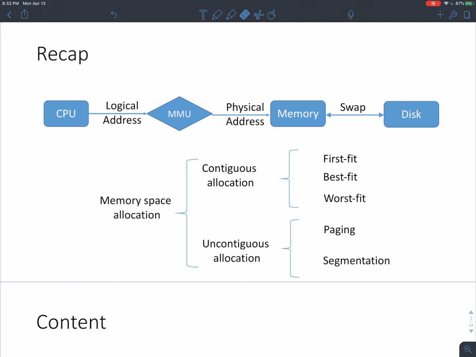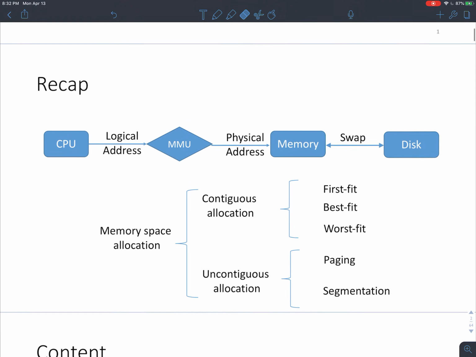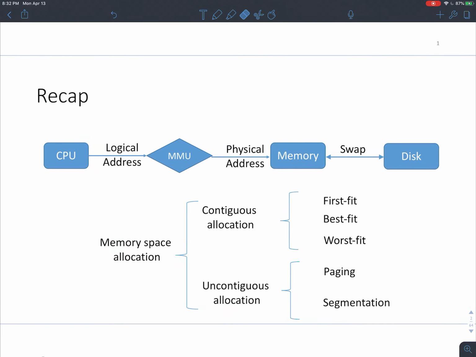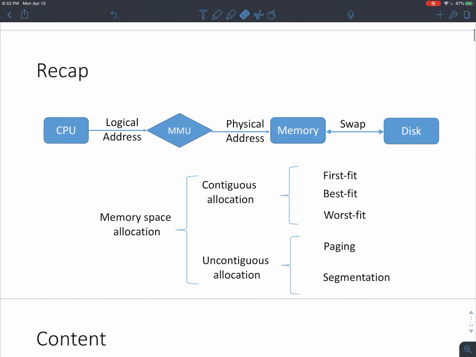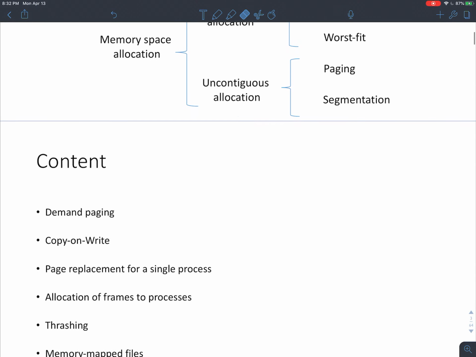To fix the problem, people proposed uncontiguous allocation, which means that if we have a process which includes multiple pages or frames, we can allocate uncontiguous frames in the physical memory to that process. And this gives us two topics, which are called paging and segmentation. And this is what we learned from last week.